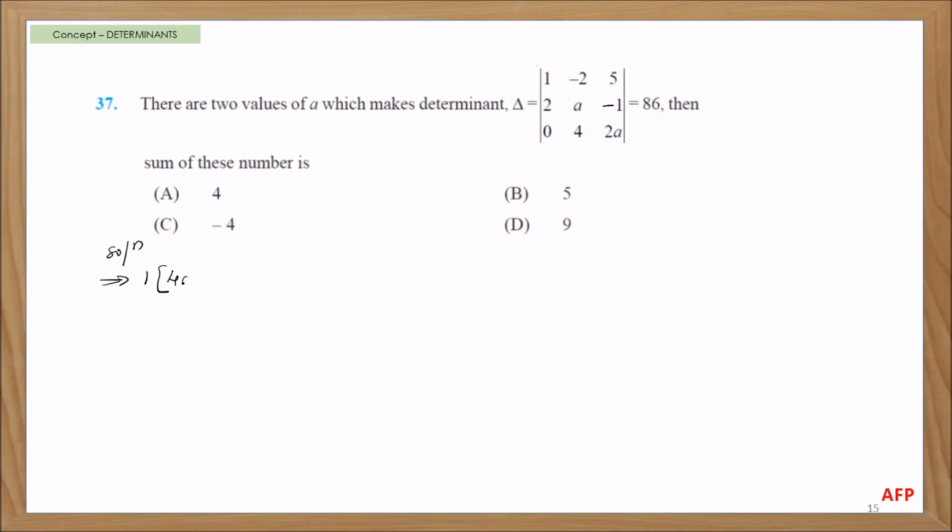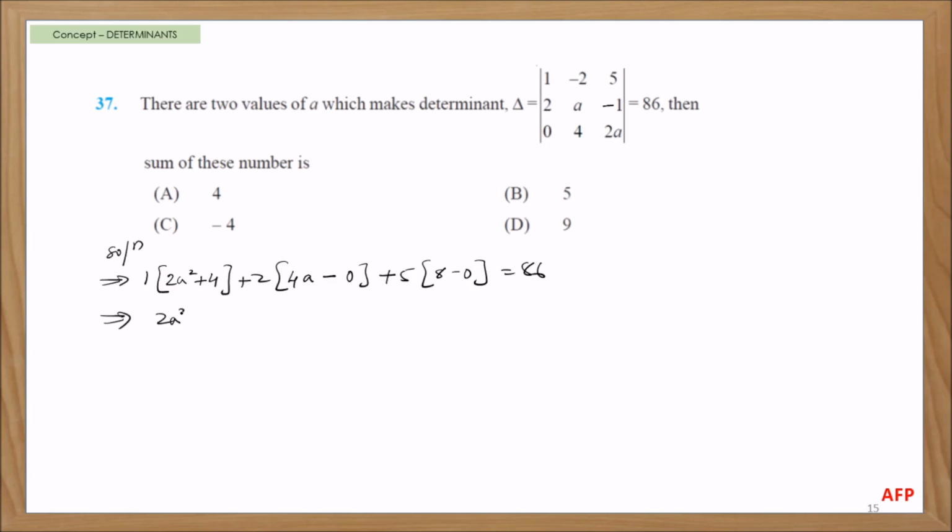That is 2a square plus 4 plus 2, 4a minus 0 plus 5, 8 minus 0 is equal to 86.